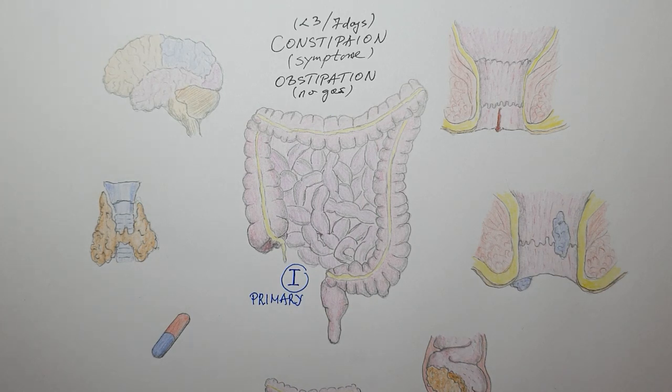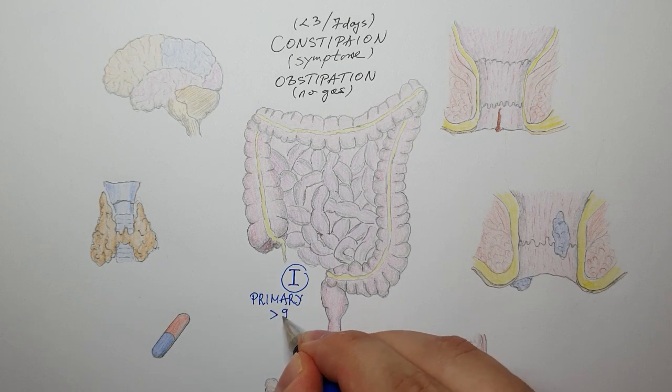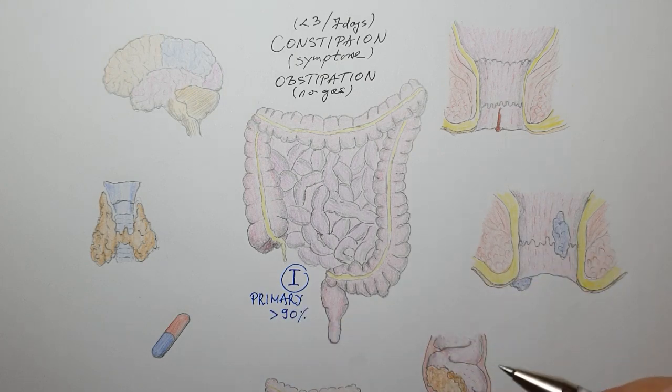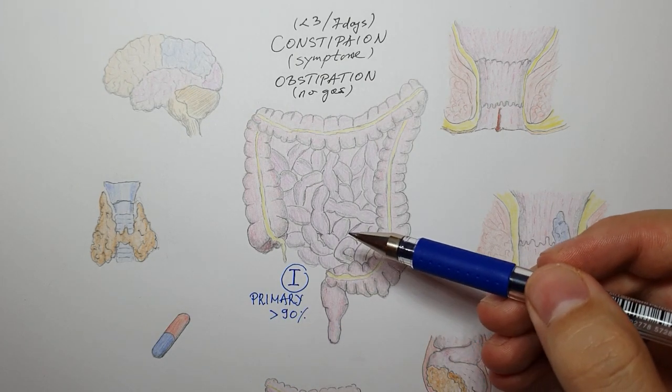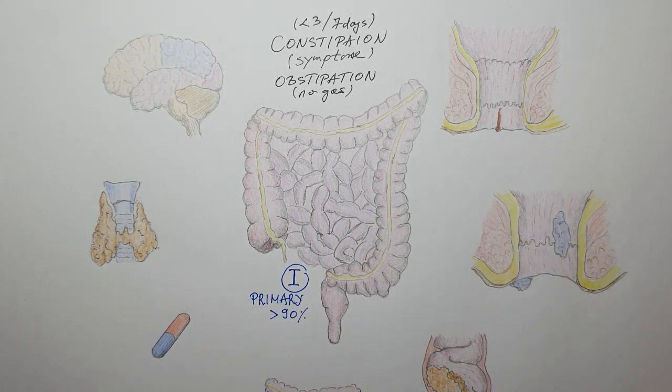constipation, or it is also called functional constipation. More than 90% of the cases of constipation are actually this type of constipation. And that is good for us because this is easily solvable. Most cases of constipation are actually problems with the diet.